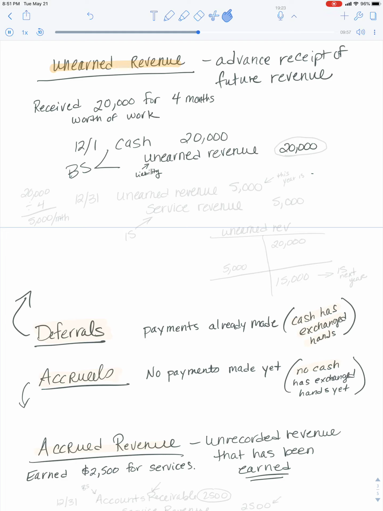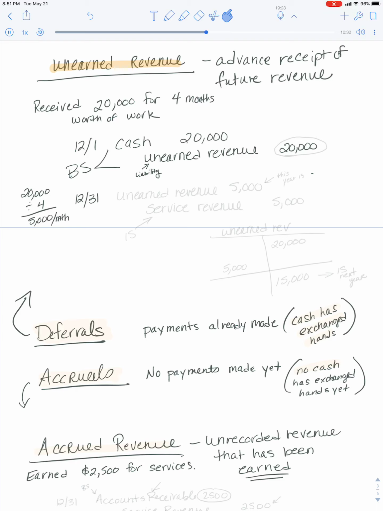So then on the end of the year when we prepare our financial statements, we need to see at least 1 month of that revenue hitting the income statement, because now we've earned it. We've earned 1 of the 4 months. So if 4 months is $20,000, then 1 month is $5,000. So we've earned $5,000. So we're going to take $5,000 out of this account.